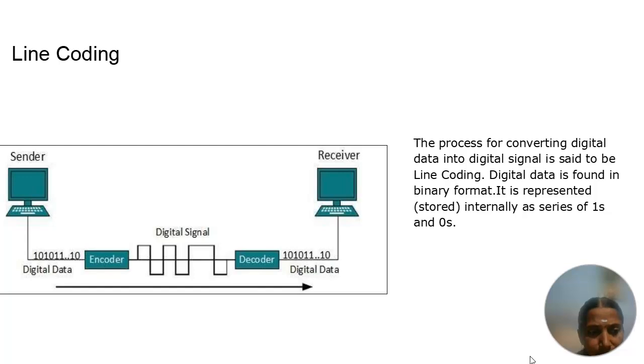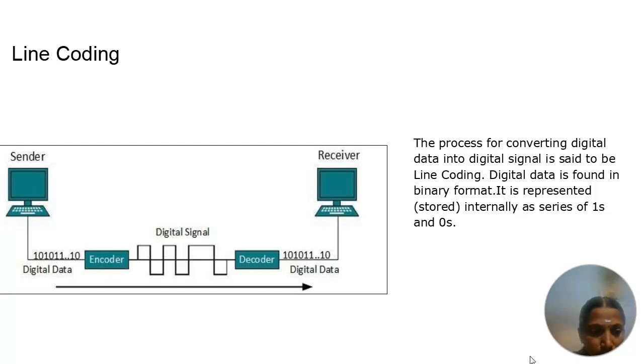See the diagram. Here the sender can transmit the digital data, 101011 and so on. So the sender is transmitting the digital data. This digital data is given to the encoder. The encoder converts the ones and zeros into digital signals.